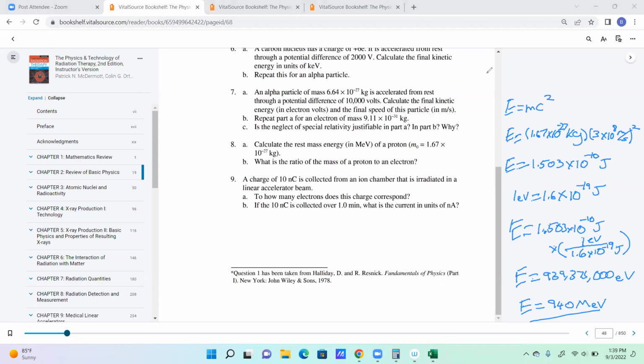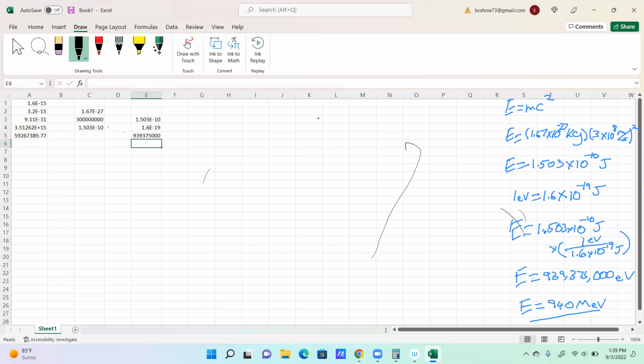So I believe if we go to here, we'll take the mass of the proton, which happens to be this, divided by the mass of the electron, which just happens to be this, and you come up with about 1800.